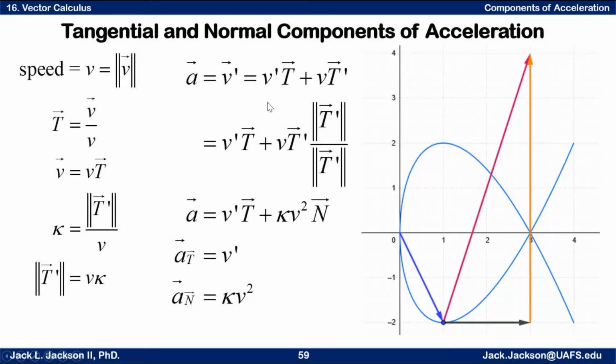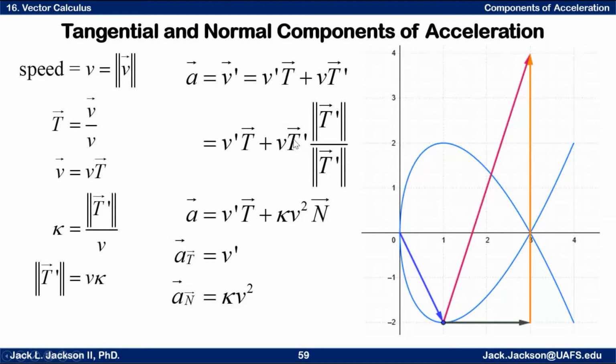So notice that this is a component in the T direction, and this part over here, I want to look at it a different way. I'm going to multiply the second factor here by the norm of T prime over the norm of T prime. Of course, we're multiplying by 1, so that's equivalent.